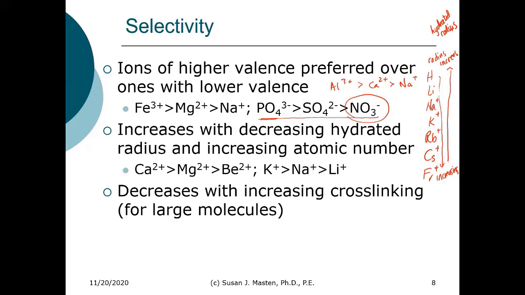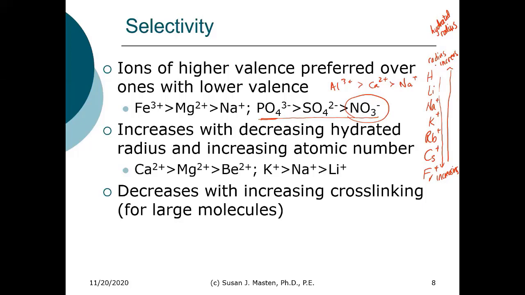Okay, so it's the opposite: they're preferred as we move up the periodic table. So calcium is preferred over magnesium, which is preferred over beryllium. And these are important when you're looking at the composition of the water in terms of competition, really the competitive reactions.